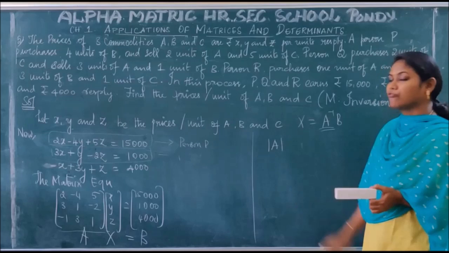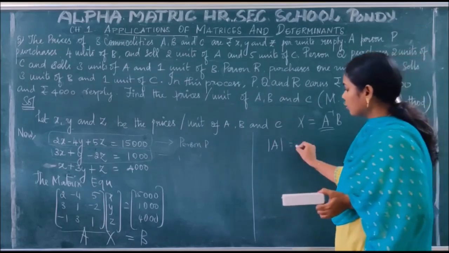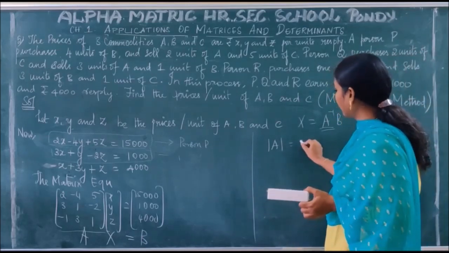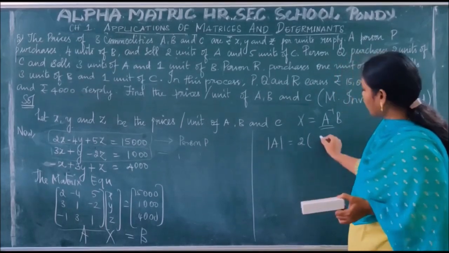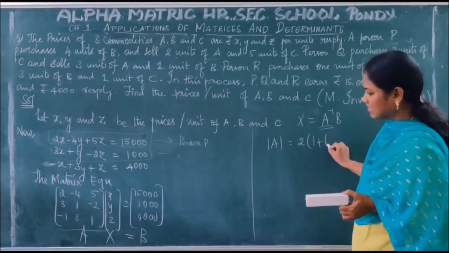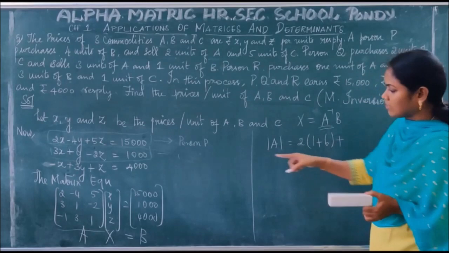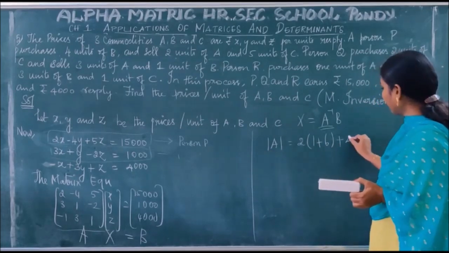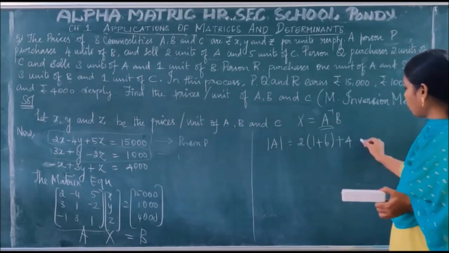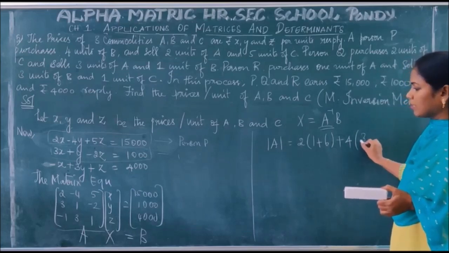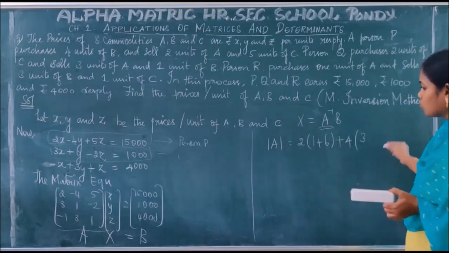So for that we have to find the determinant value. The determinant value of A can be found like this. 2 into minus 1 plus 6, and minus is, already we have minus there. So plus 4 of 3, minus 1 minus 2 is 2.